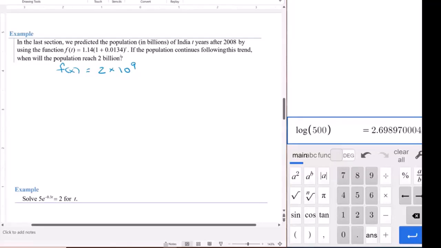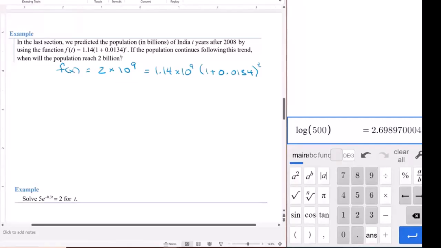And actually, it started at 1.14 billion. So I'm going to rewrite this as 1.14 times 10 to the 9th, because it was in billions, times 1 plus 0.0134 to the t power.